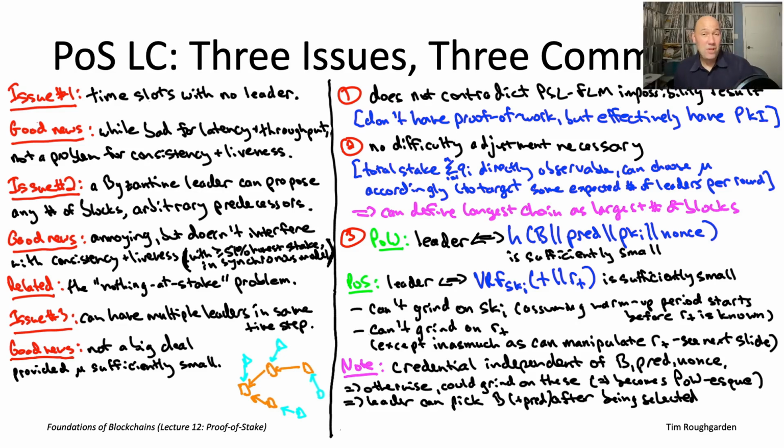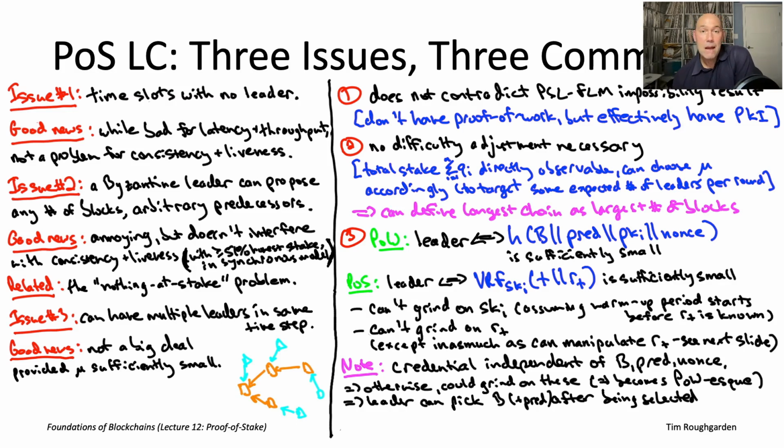Now, one super subtle point that we'll take up in the next video is that while it would seem that this credential is independent of a choice of predecessor, that it depends only on the private key, the time step, and the seed R sub t, we'll see in the next video that when you're generating R sub t pseudo-randomly, R sub t itself can depend on your choice of predecessor. So we will be getting implicit dependence on predecessor choices once we make R sub t pseudorandom in the next video. So the final subtle detail, fortunately, is very easy to fix.